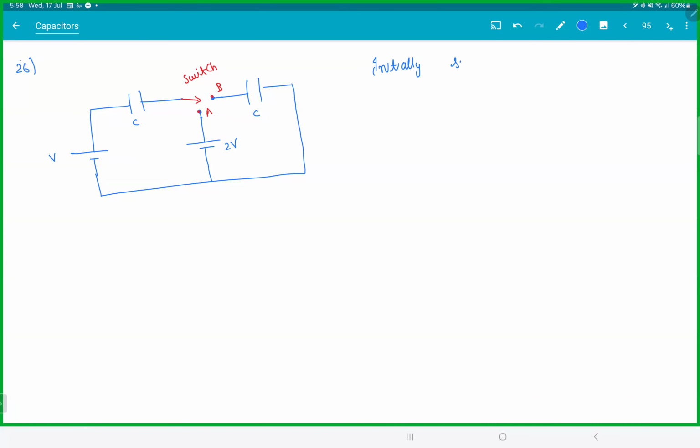So initially switch is connected to A and capacitor is charged. First thing, when the switch is flipped to B, so initially connected to A, then you took the switch and kept it at B, find the heat produced.